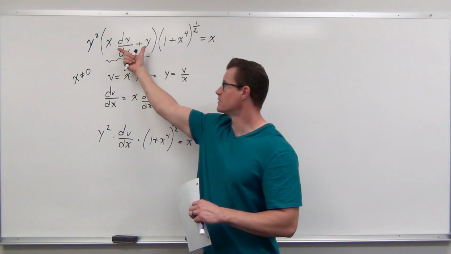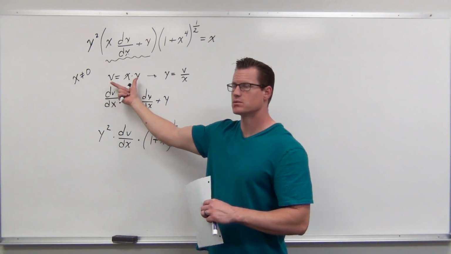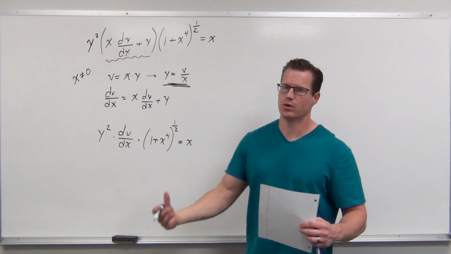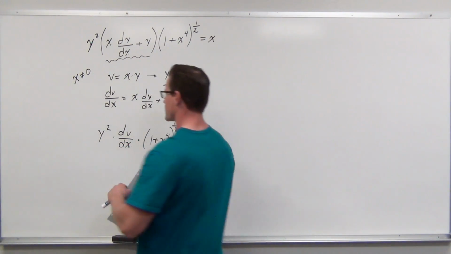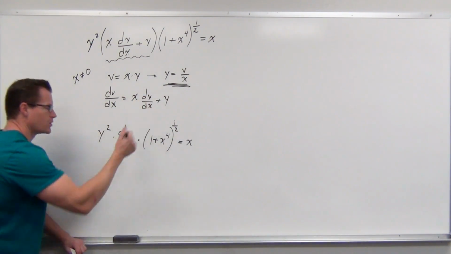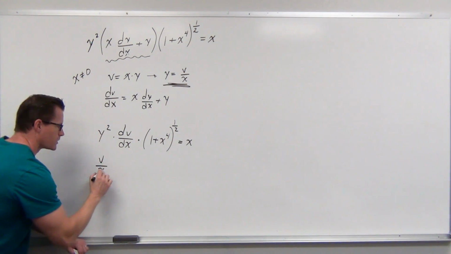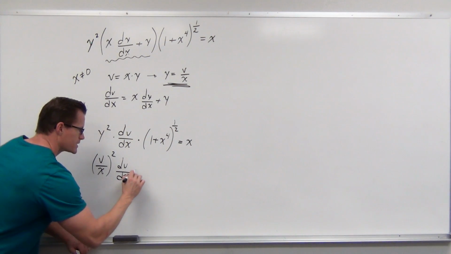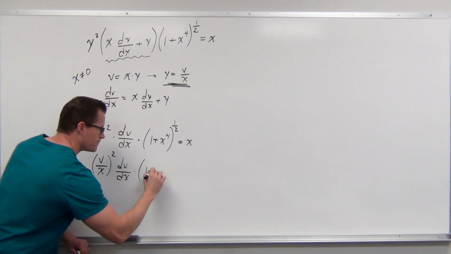So this leads to solving for y. Oh, now I can replace my y with v over x. So y squared, let's do v over x squared. And then we have a dv dx, and we still have all this nasty stuff.